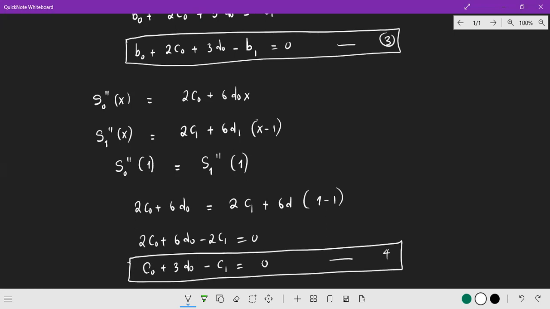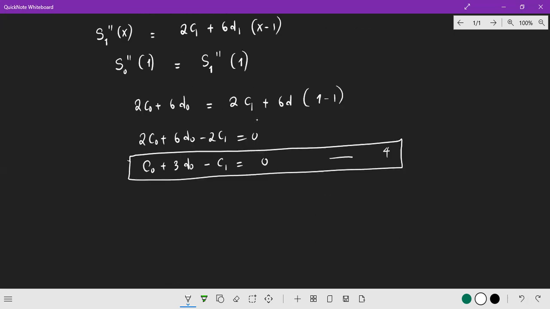So this is what we have: 2c naught plus 6d naught times x, the second derivative we found already, is equal to 0 at the boundary condition, at the endpoint of S naught.